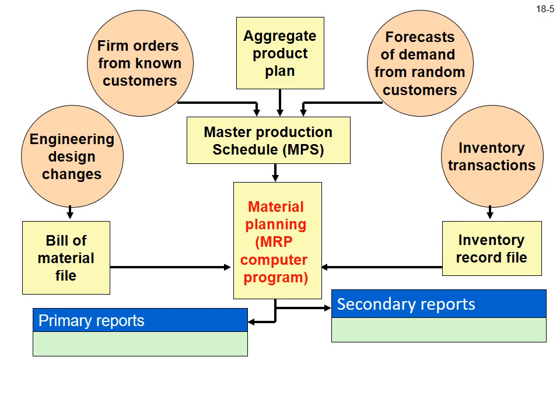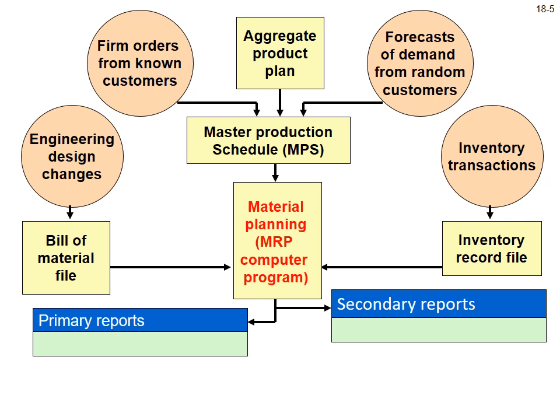This figure represents how we determine or prepare materials planning, MRP, which is a computer program. We first need the firm's aggregate product plan and forecasts of demand from random customers, and firm's orders from known customers. All these help in determining the master production schedule, MPS, which is input to material requirement planning.